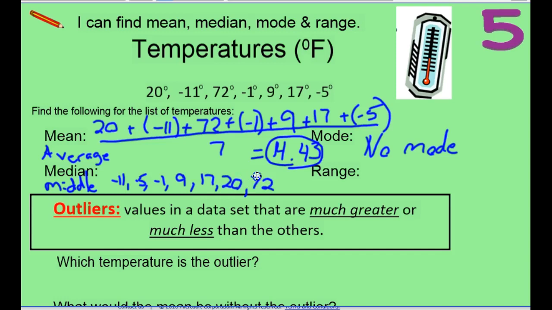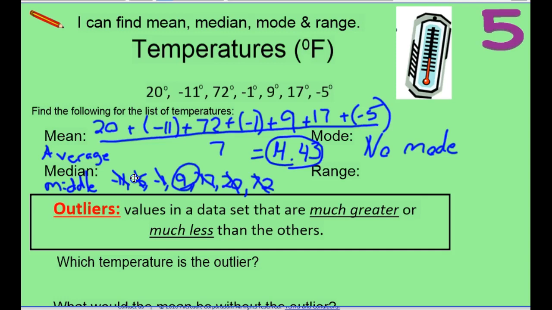So when we are finding the median, we're going to cross off the first one, and the last one, and then the next one, and the second to last, until we find our middle. Our median is 9. Our middle is 9.